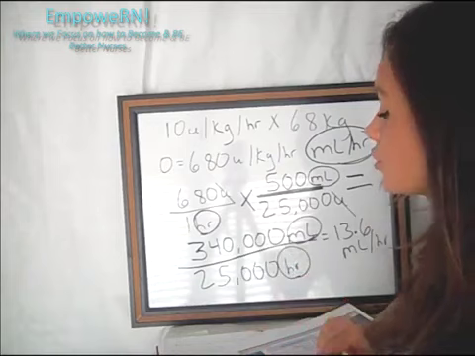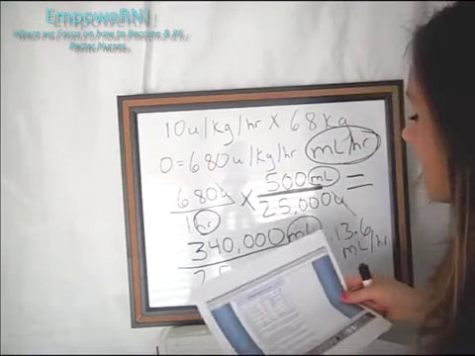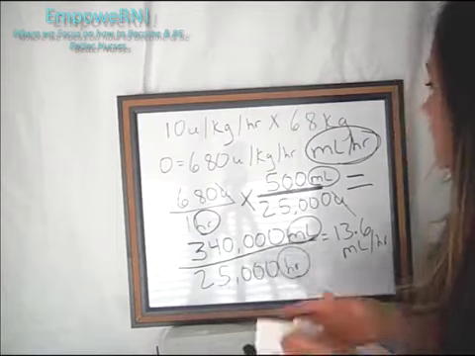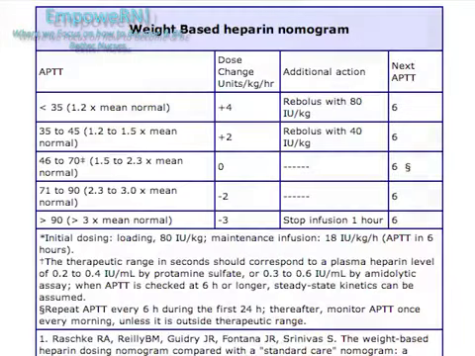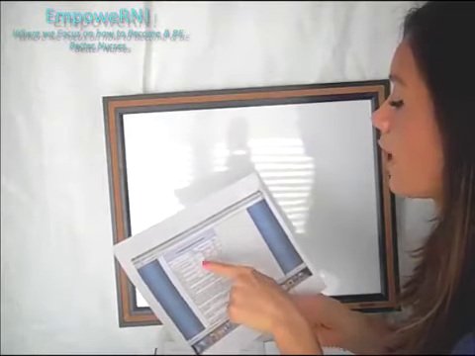Okay, let's just do one more. Why not? Let's say that their PTT result comes back and it is 36. So what we need to do is increase the rate by 2 units per kilogram per hour.